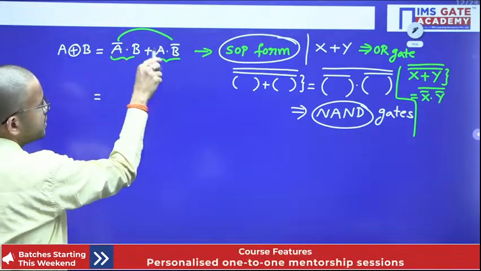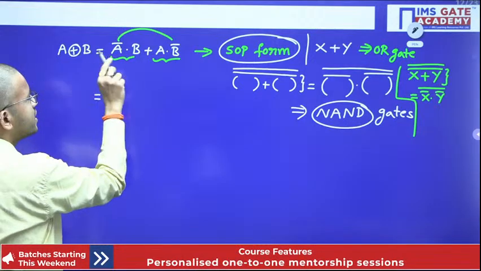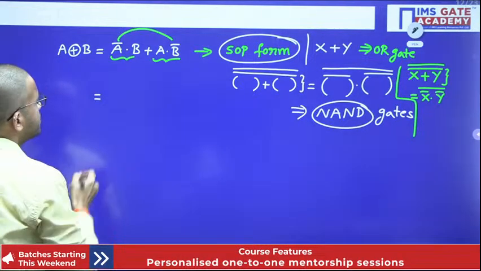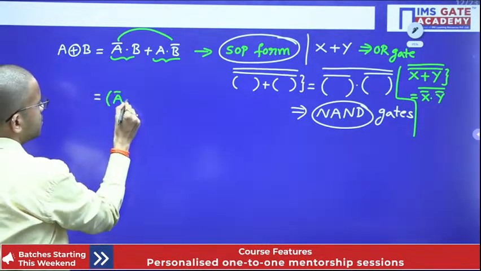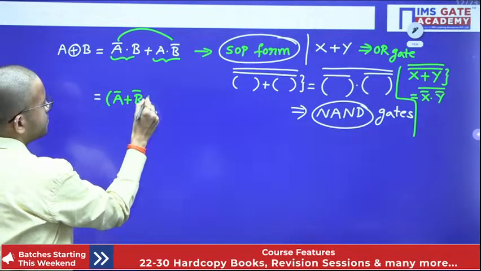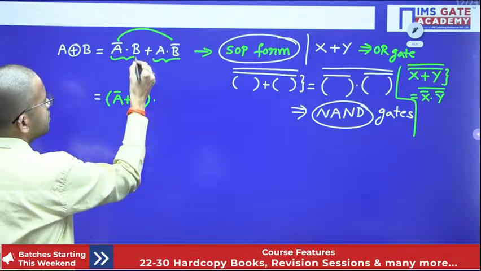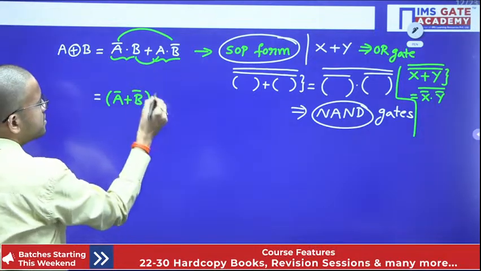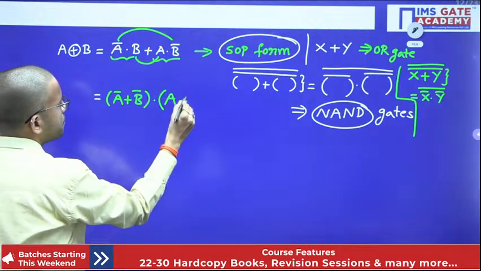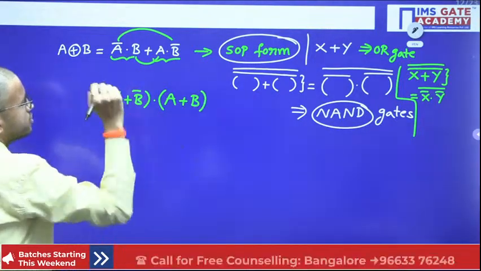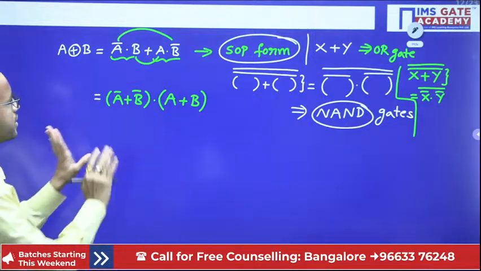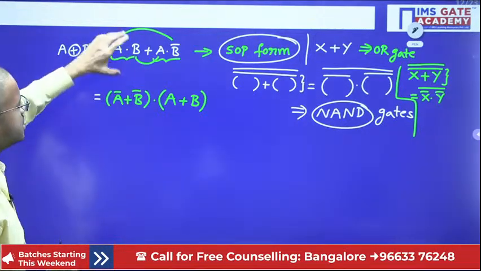A bar plus A you are getting 1, that combination we are avoiding. Then we are getting A bar plus B bar. Then whatever the other set of variables are there, just perform the logical OR, A plus B. That's all. So just carefully observe whether this equation and this equation both are same or not.